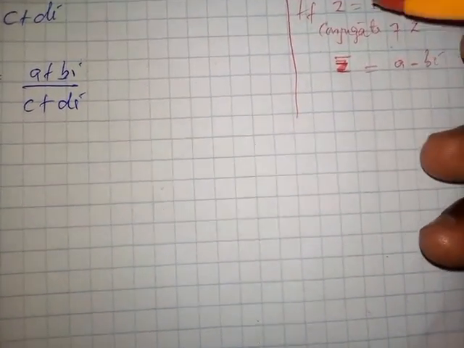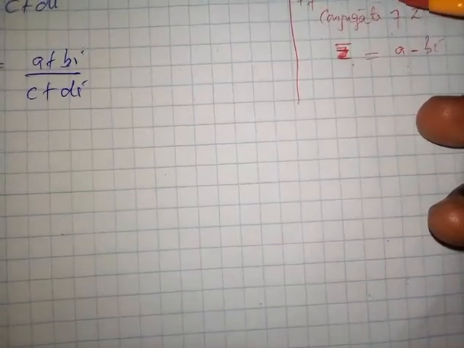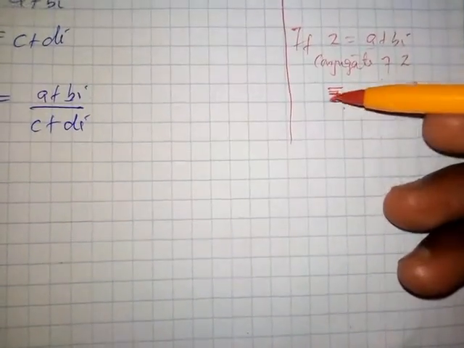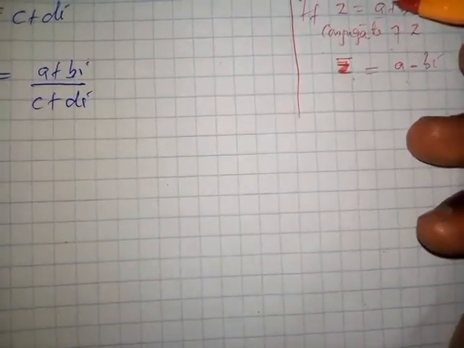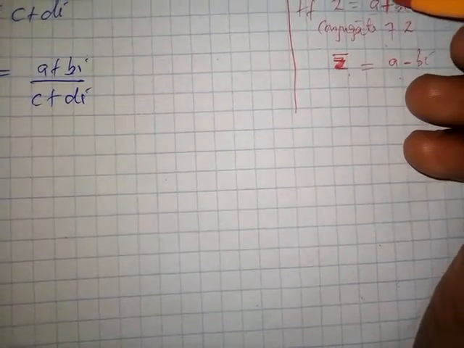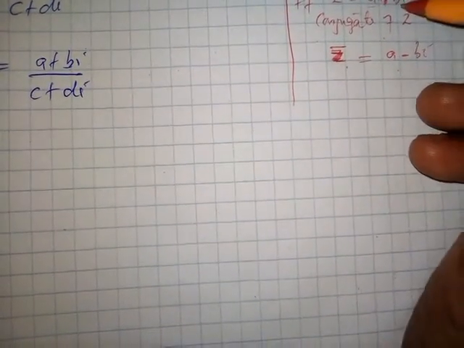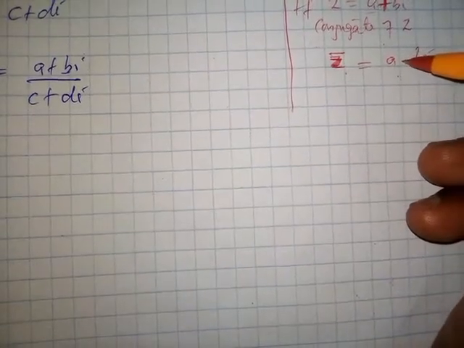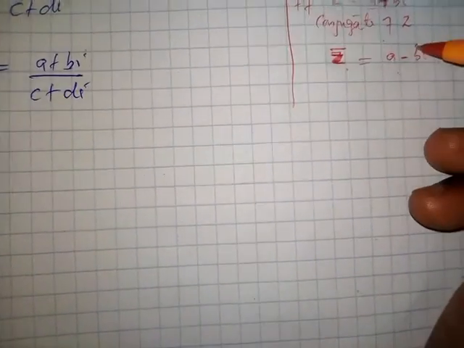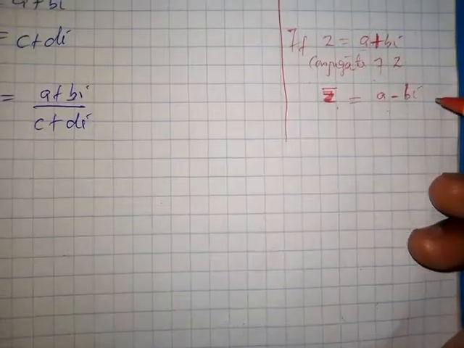So this is the conjugate of z. If we have an addition sign between a and bi, then the conjugate will be a minus bi.